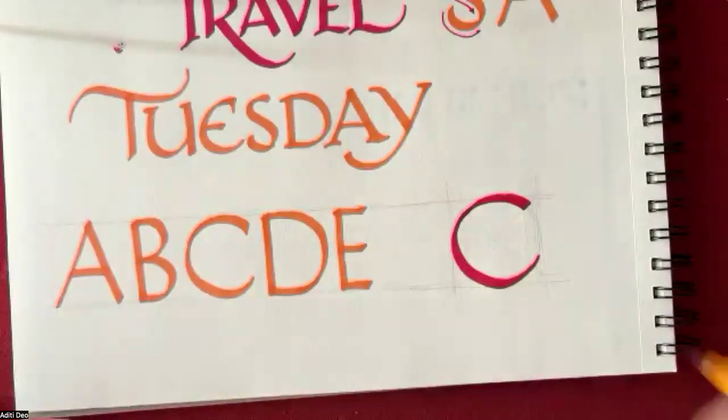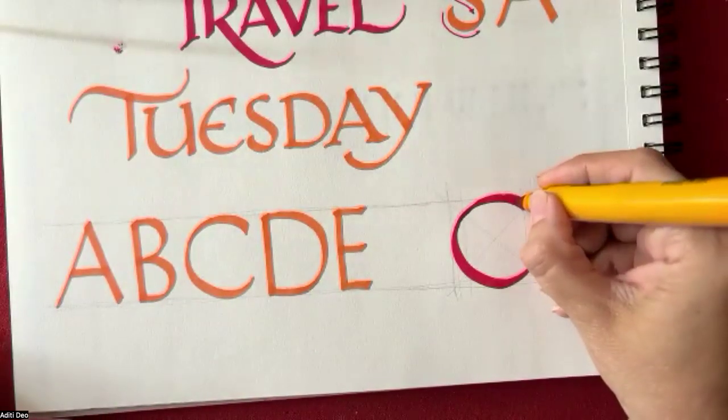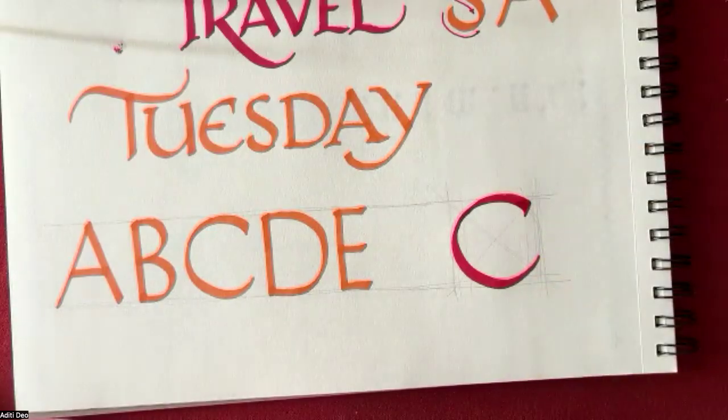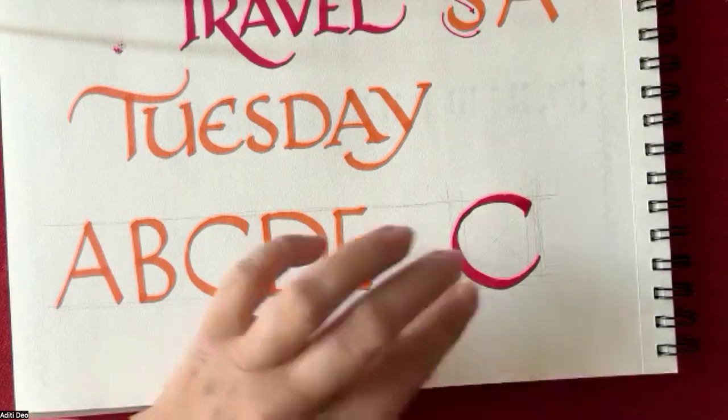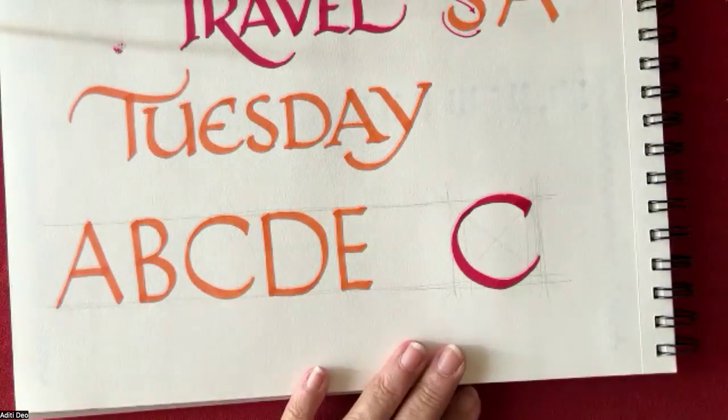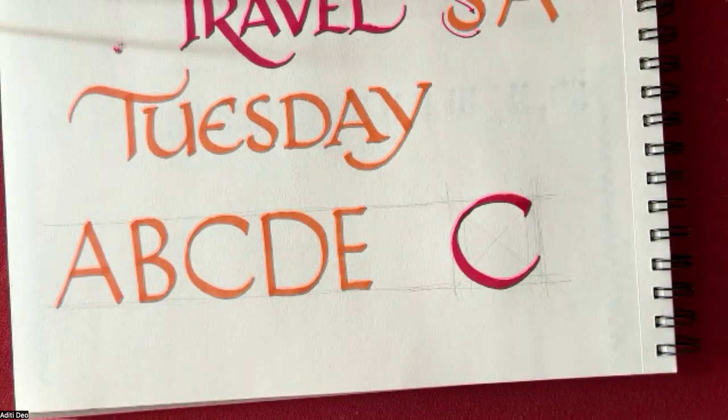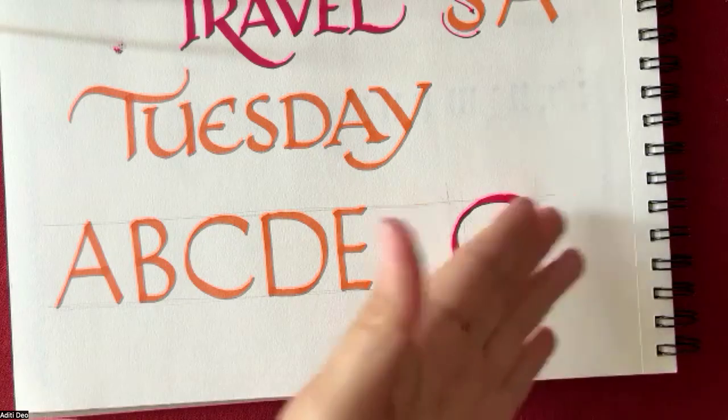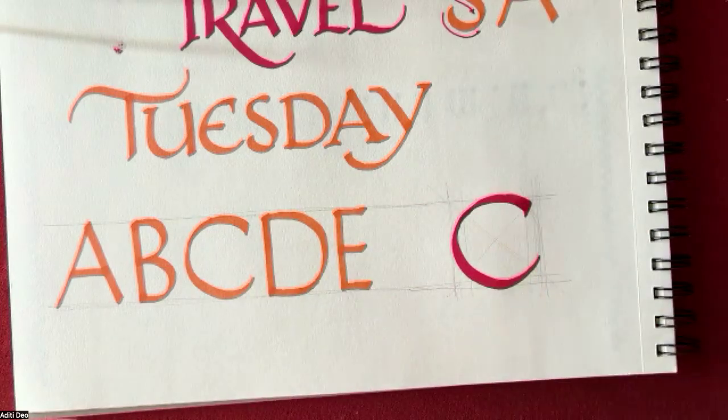But you can also give it a little flick of the brush and bring it inward so that you get this nice serif automatically. And then all the other letters will fit in exactly the same way.